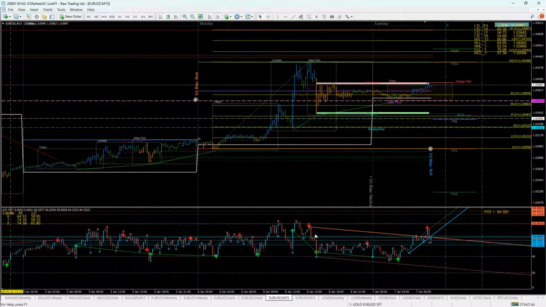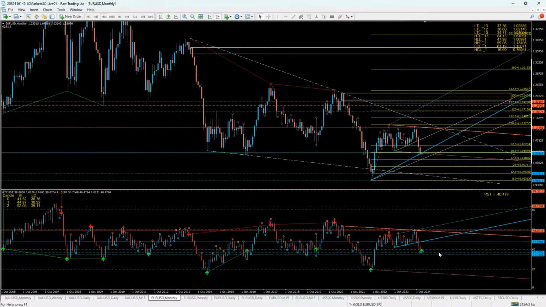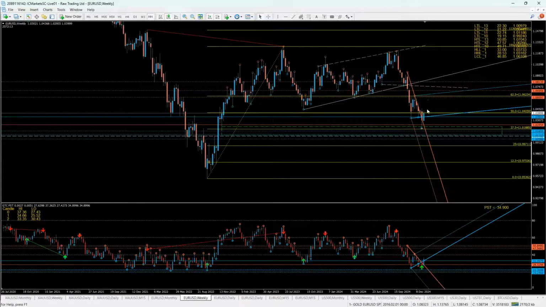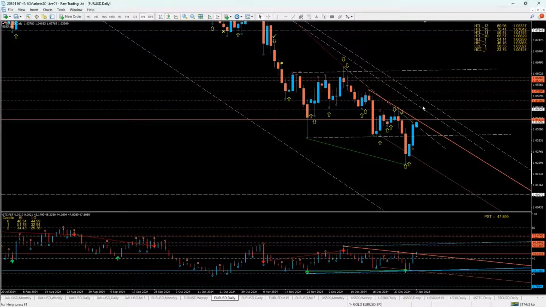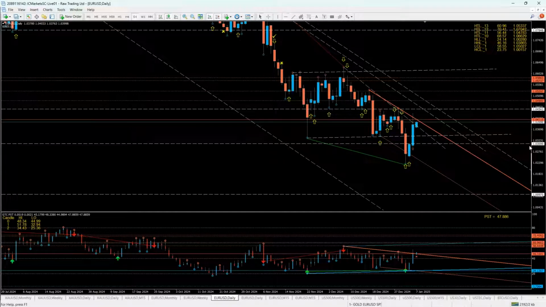So what does that mean? If it's a swing day for the euro dollar, we're going up from here, and what we want to do is definitely reach a target. And when it gets to a target on the Tuesday, just be mindful, they're going to push it back to close the gap. Remember from technical analysis, that is your gap.